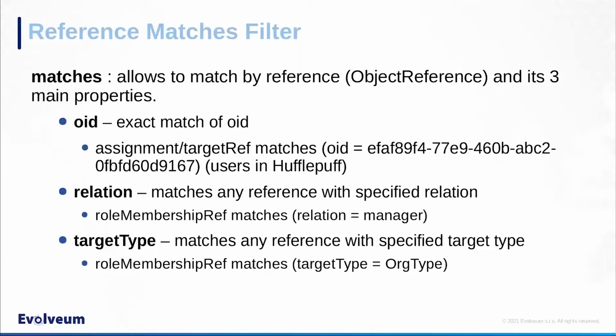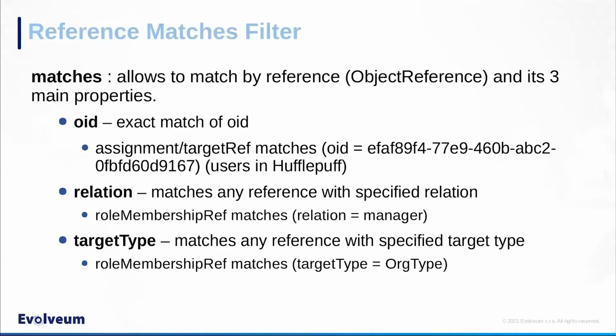The other is the relation. This filter matches any reference which has a specified relation. Usually, the most commonly used relations are default and manager, if we have an organization structure.